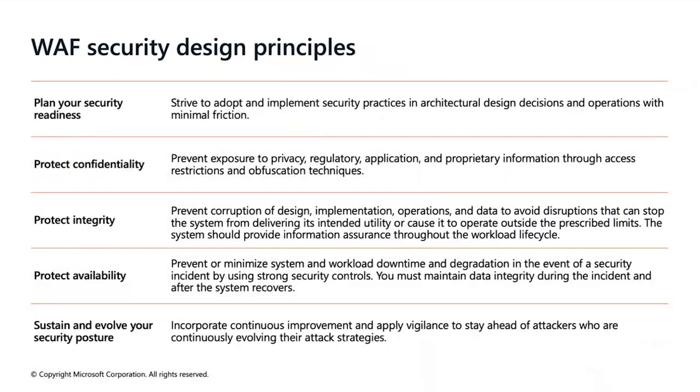Like, for example, a strong lock, maybe a CCTV camera system, and many other different kinds of security components that you see in any house. So CAF gives you the information about how to implement and what to implement in that house.